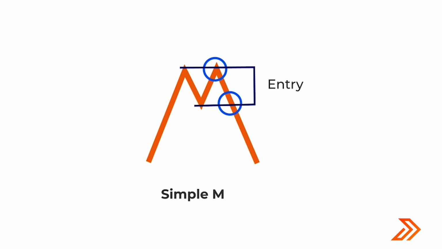If you're placing your entry here, your stop loss could be above this double top, this M formation. Then you could ride it down until this zone and even further.